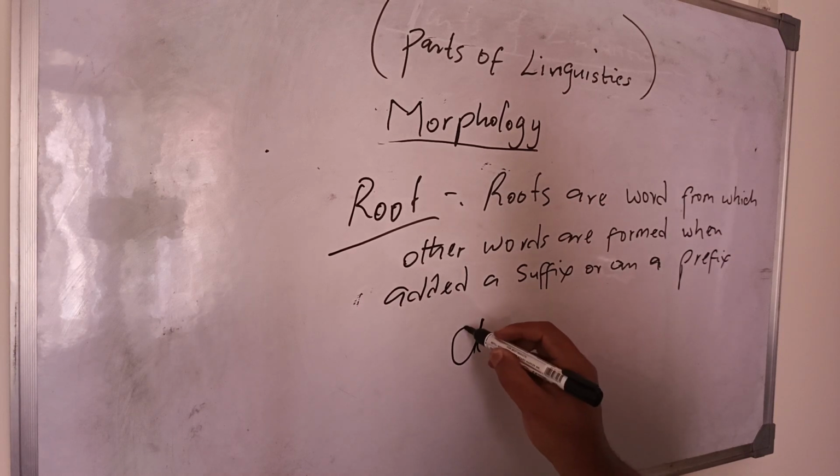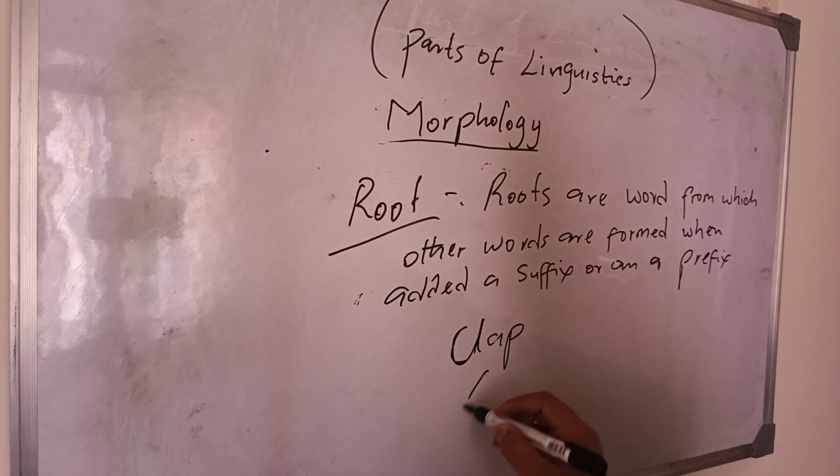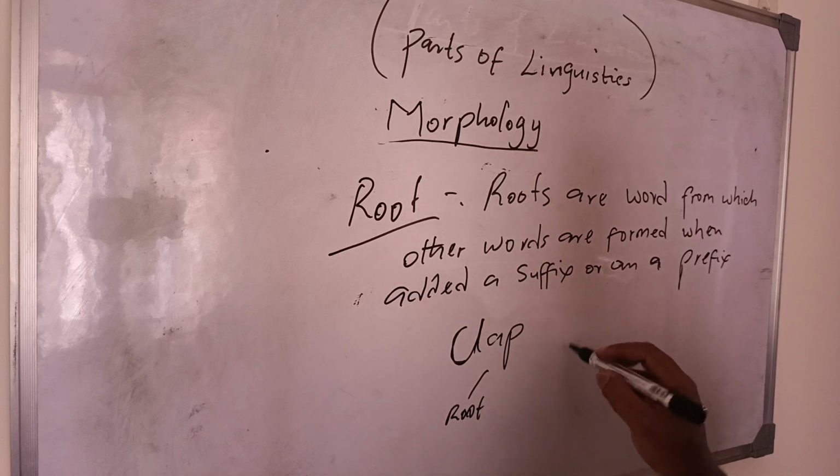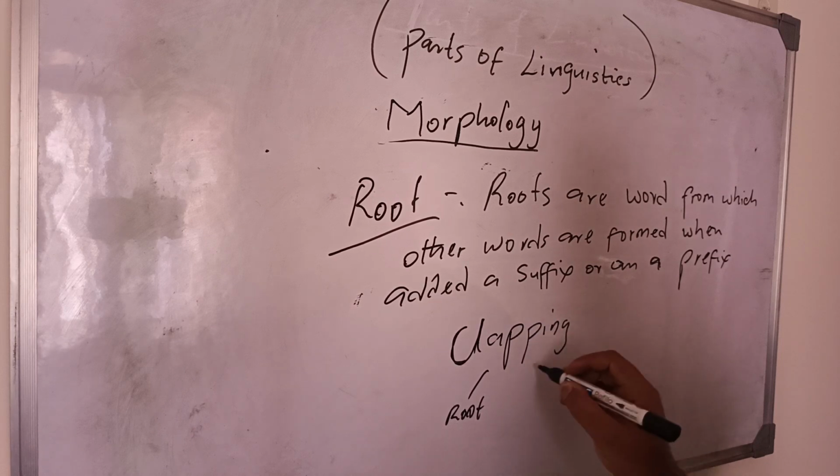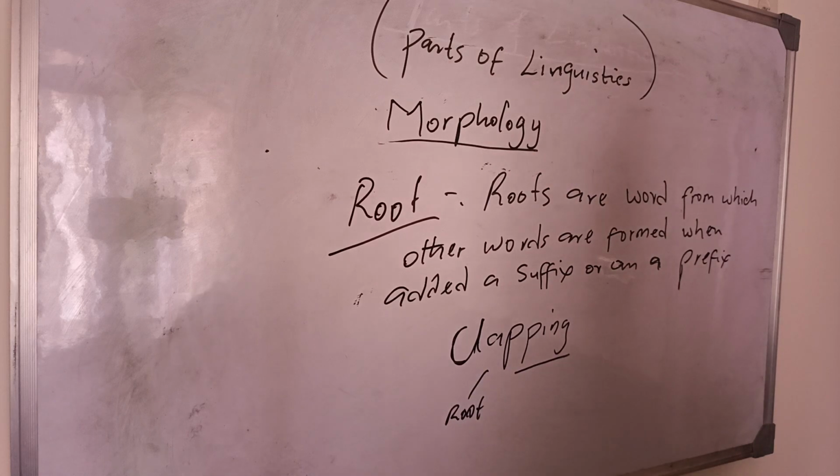Clap is a root word. Now to add a suffix, you add "ing" to the clap. So it becomes clapping.